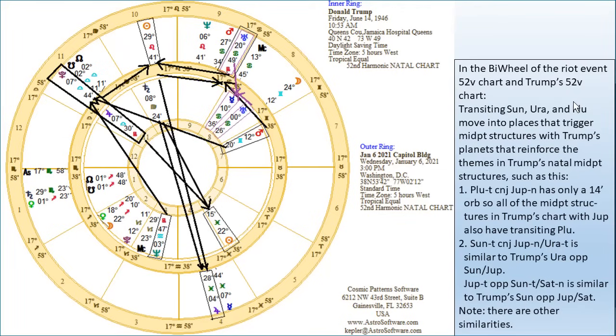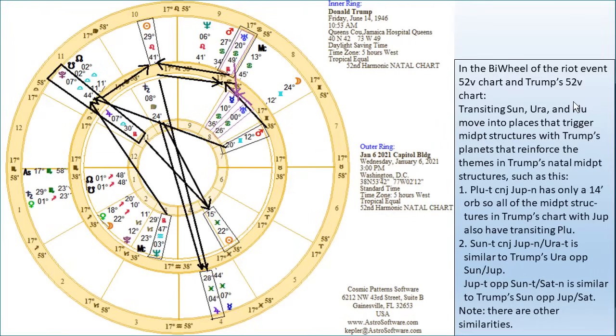The point is this: the same kind of midpoint structures that are in Donald Trump's natal chart are also occurring between the transiting planets and the natal planets, and there is this beautiful, intricate tapestry going on that's getting magnified. And that is what happened on January 6th. There is a beautiful, intricate, resonating system, a music of the spheres.